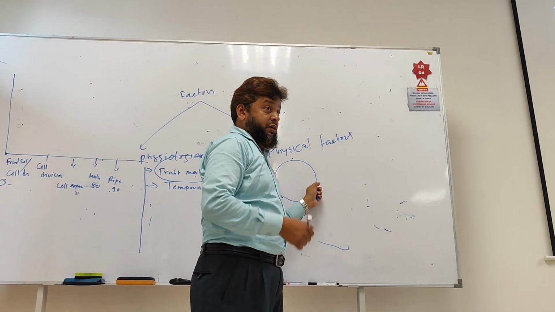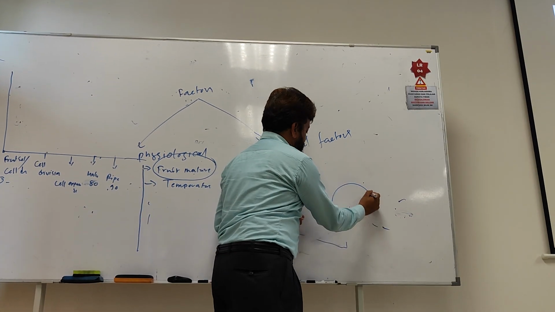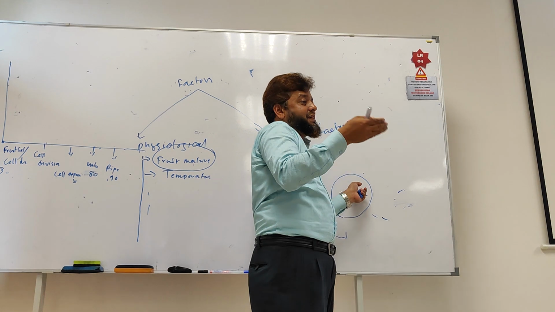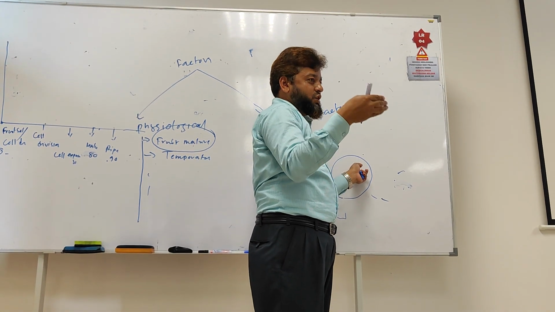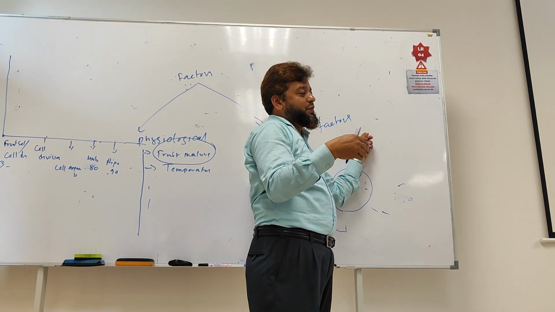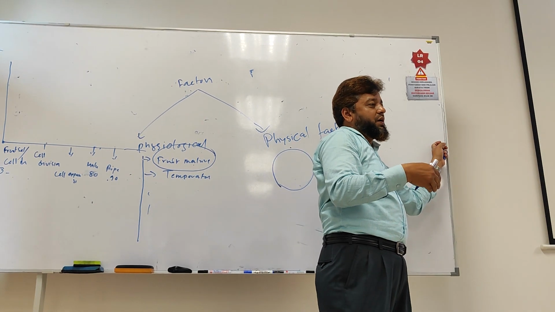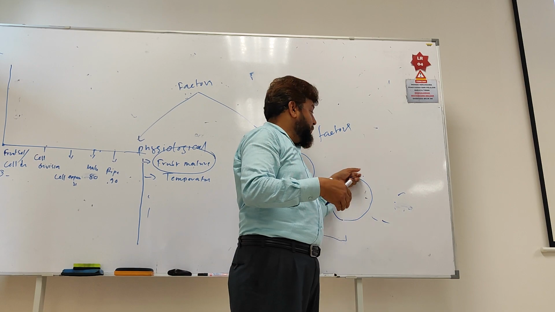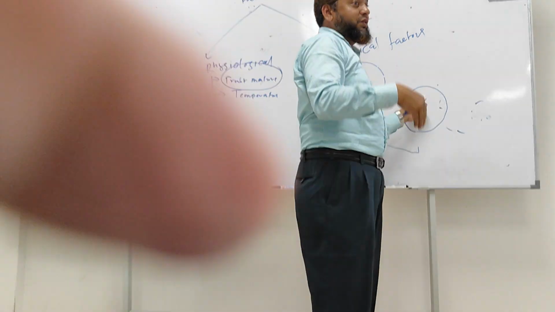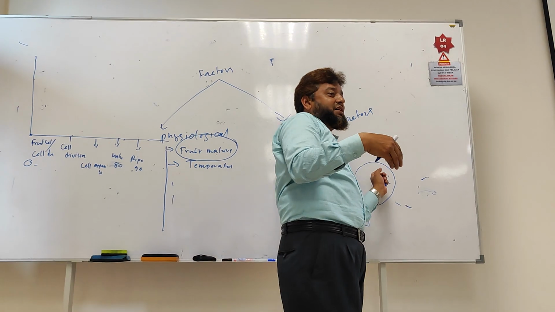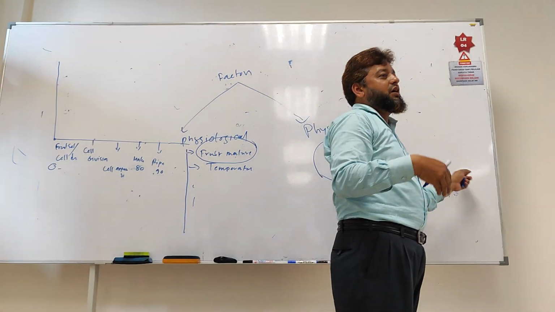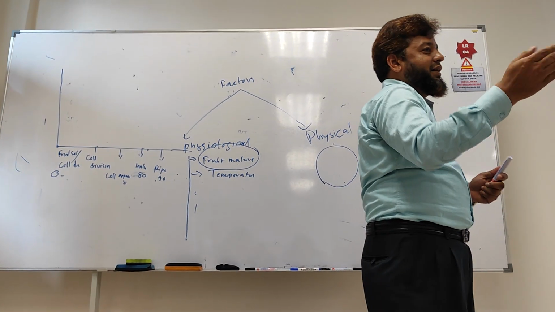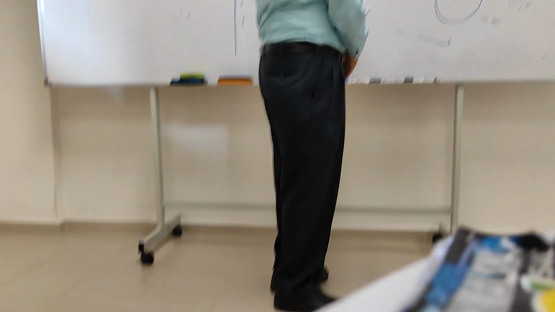But if we harvest late, then the fruit has less starch. So if you harvest early, it will take more time to ripen. Why? Because to ripen, all the starch needs to change into sugar. For all the starch to change to sugar, it will take more time. But if you harvest late, some of the starch has already changed into sugar. For these reasons, it will take less time to ripen.